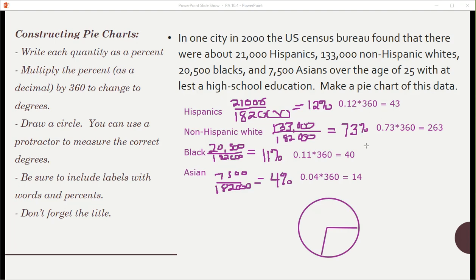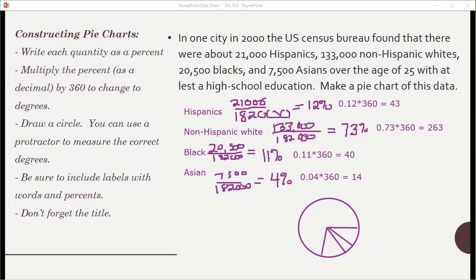Then we have 43 degrees, and 40 degrees and 14 degrees. Again, this is why you want to measure them, to try to make them as close as you can.